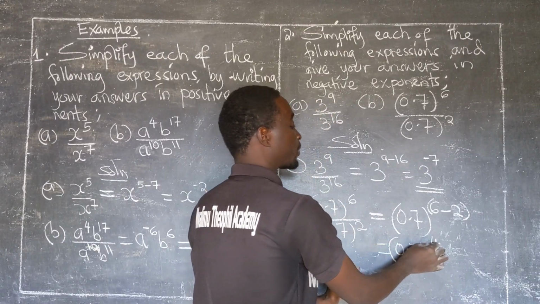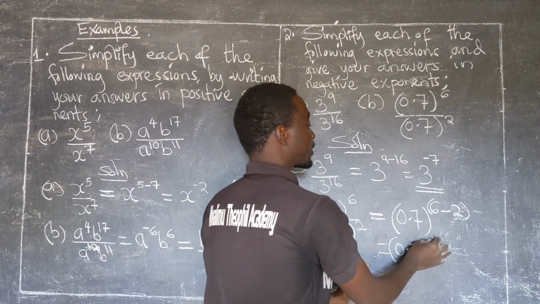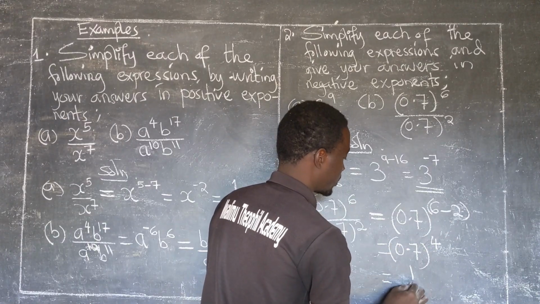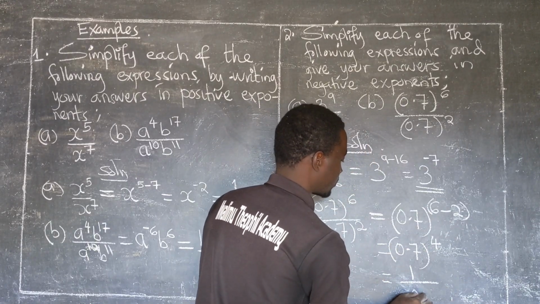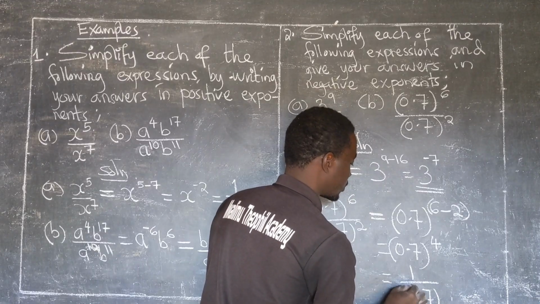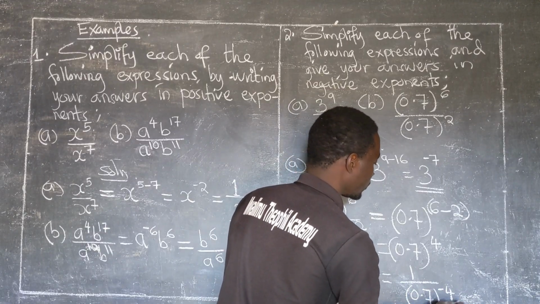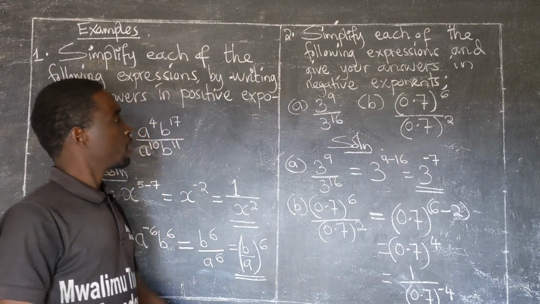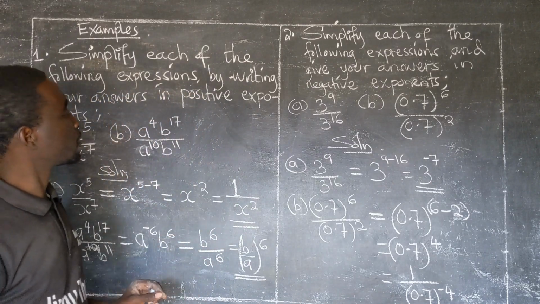Then the sign for the exponent becomes negative. So here it will be equal to 1 divided by 0.7 raised to negative 4. This is the answer. Now we are through with the 2 examples.